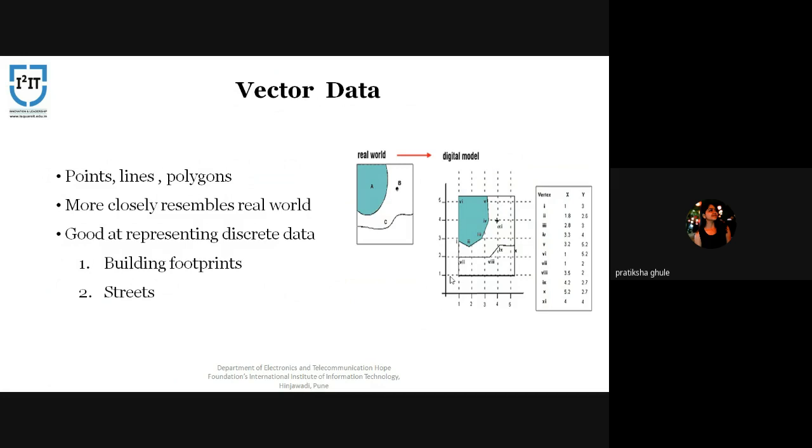In the vector model, geographic features in GIS are expressed as vectors. As we can see here, it's good at representing discrete data. As I already told, building footprints, streets, then streams are some examples. Here we can see the real data and the digital model in the image.